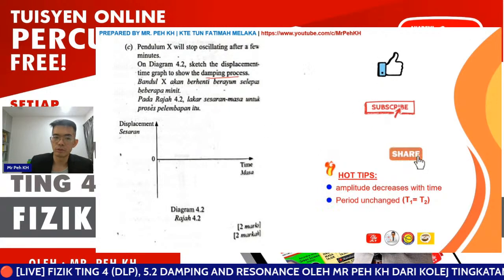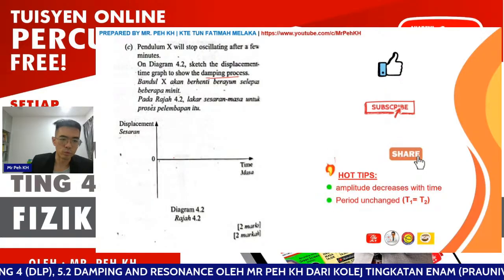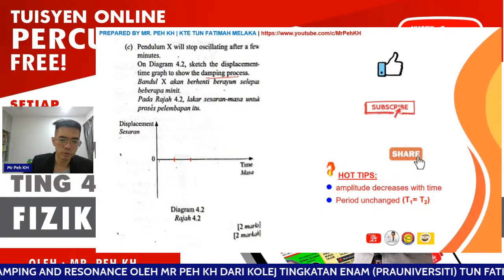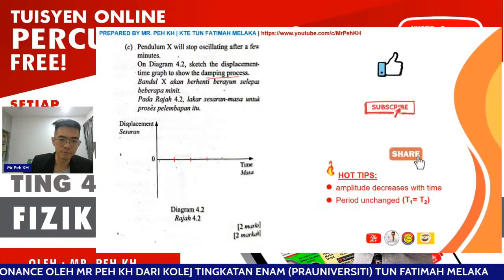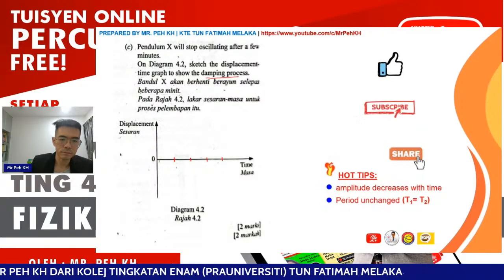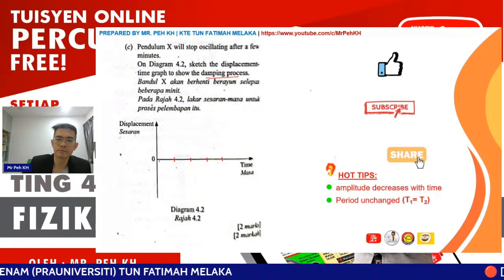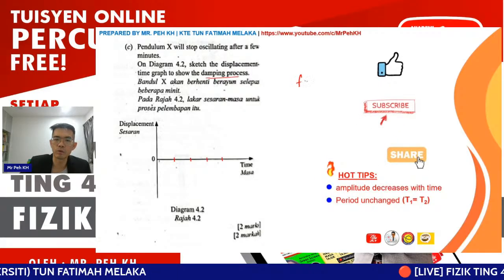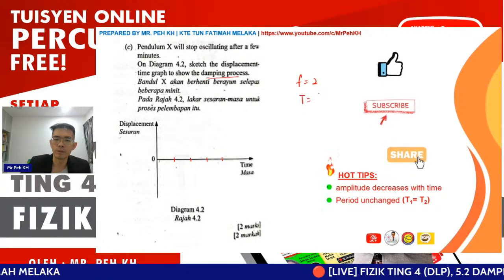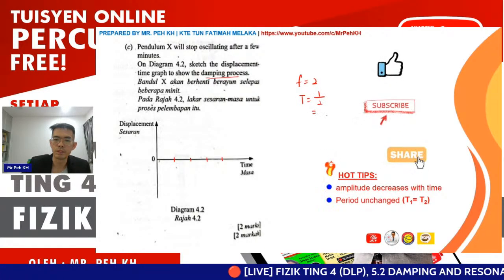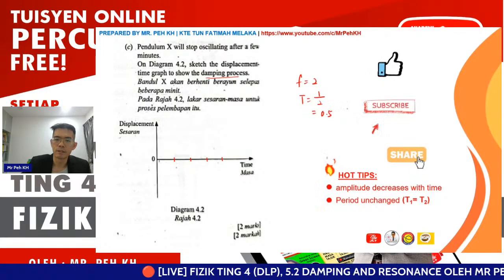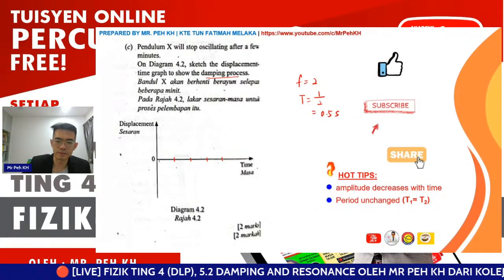So that means we have to draw a period. 2 hertz, right? F equals 2, T will be 1 over 2, which is 0.5. So you have to give 0.5 seconds.